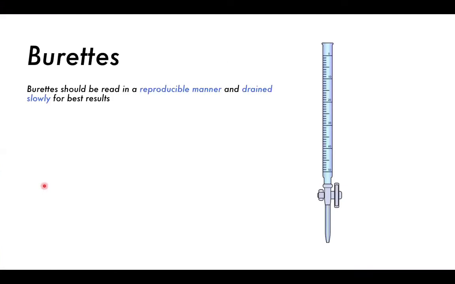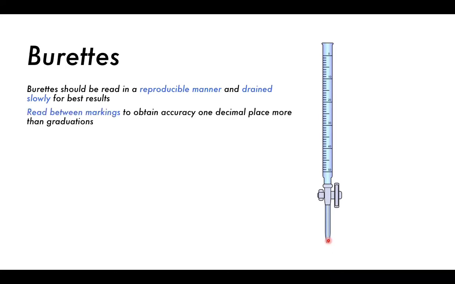Burettes then. Burettes should be read in a reproducible manner and drained slowly for best results. So if we open the tap completely and the volume of liquid flows through too quickly, it can often be uncontrolled and we can end up with less accurate results. Read between markings to obtain accuracy one decimal place more than the graduations.